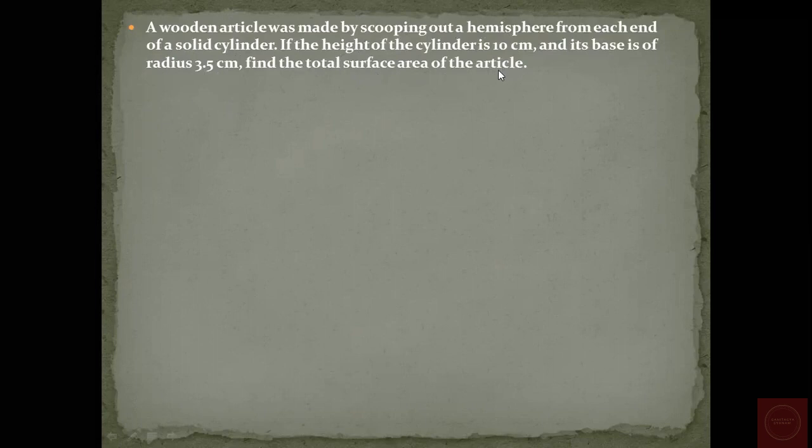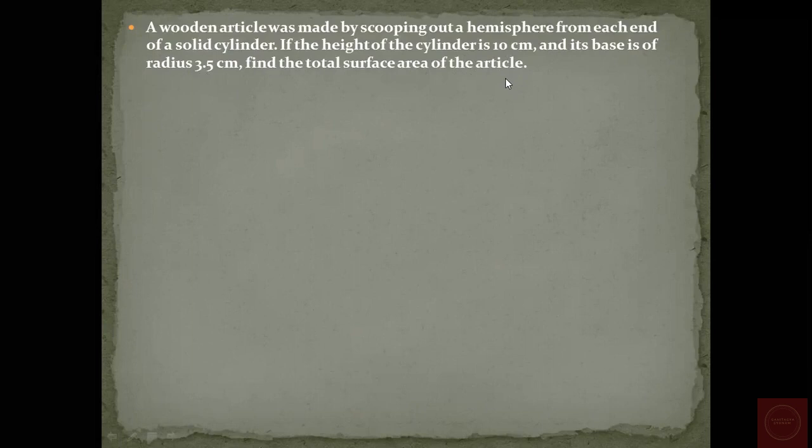So you can see here we have a solid cylinder, and we have taken two hemispheres from each side of the cylinder, and height is given 10 centimeter and base radius is given 3.5, because it is a cylinder, so the radius will be the same throughout. So we have to find the total surface area of this article.